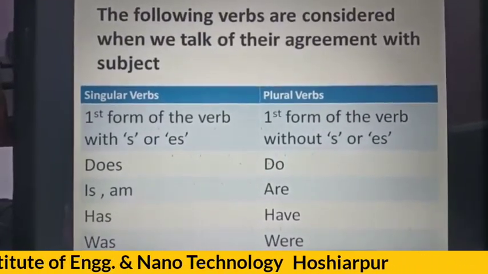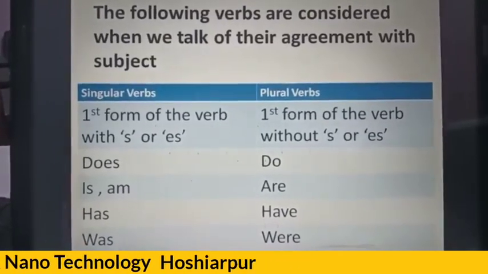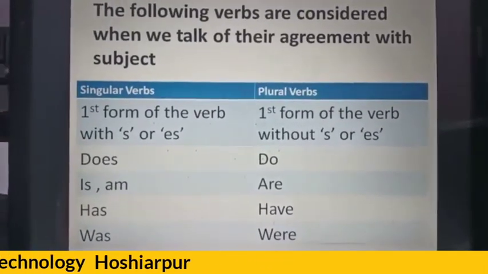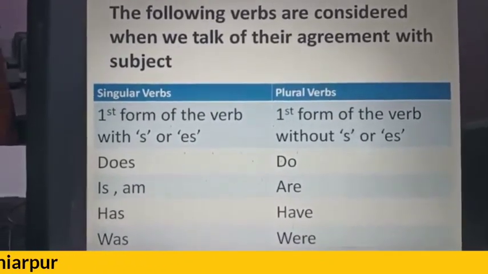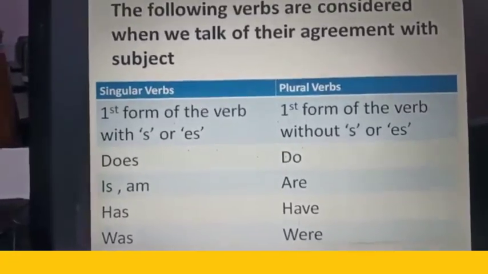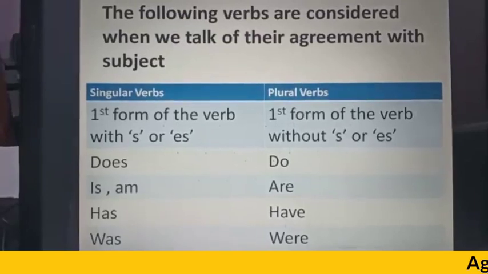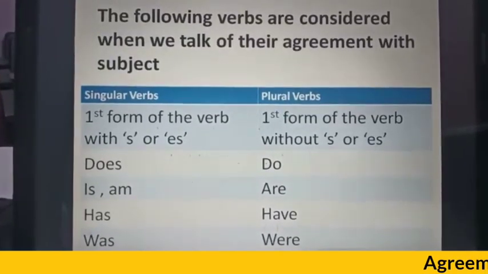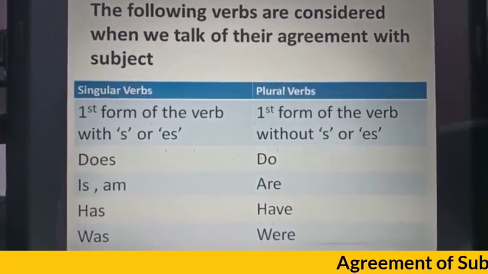For subject-verb agreement, only principal helping verbs are put under consideration, and only two auxiliary verbs, these are do and does, are considered for their agreement with the subject. One more thing I would like to tell you is that verbs are never singular and plural. It is just for our understanding of their accurate usage that we call them singular verbs and plural verbs.